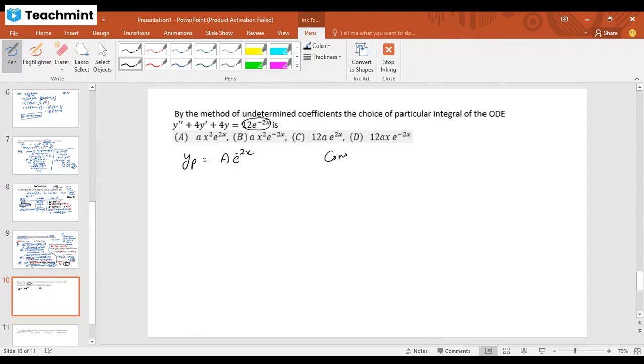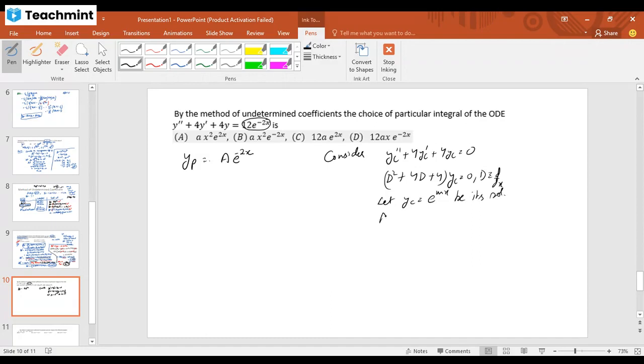So consider the homogeneous differential equation yc double dash plus 4yc dash plus 4 times yc equal to 0. So its operator form is D square plus 4D plus 4 times yc equal to 0, where D stands for d by dx. So we are assuming let yc equal to e raised to power mx be its solution.